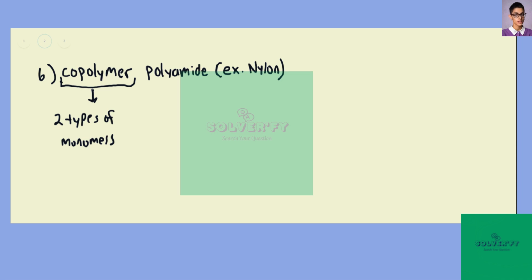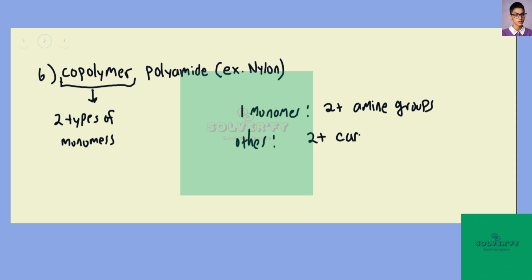So if the dimer has an amine group at one end and a carboxyl group at the other, that means one of those monomers needs to have at least two amine groups. And the other needs to have at least two carboxyl groups.